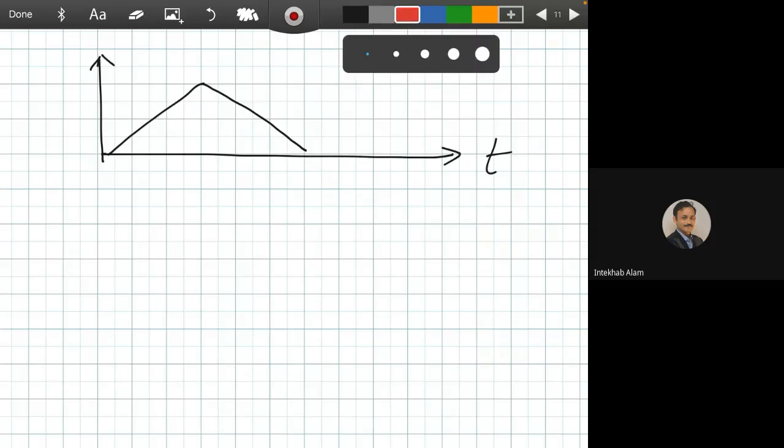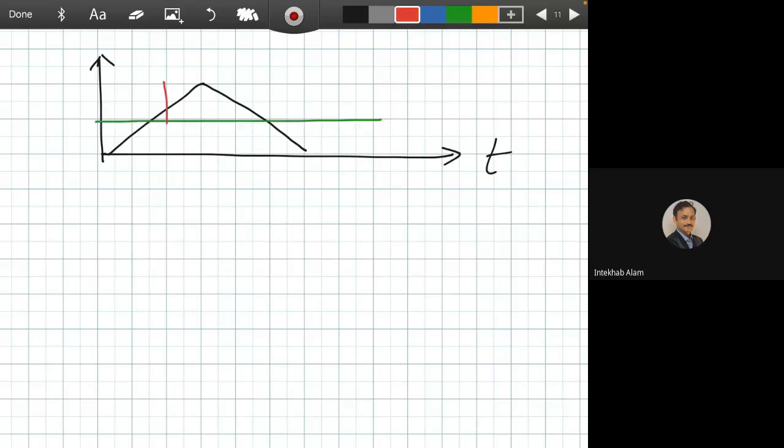If we compare it with DC, you can make this type of output.